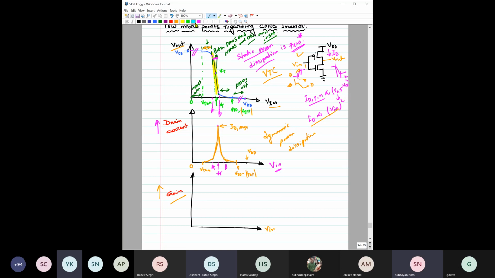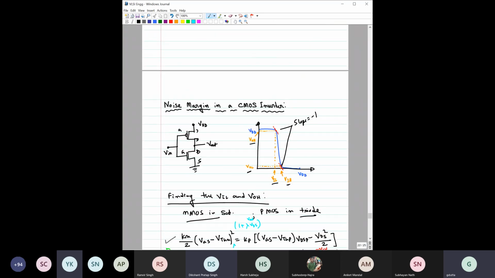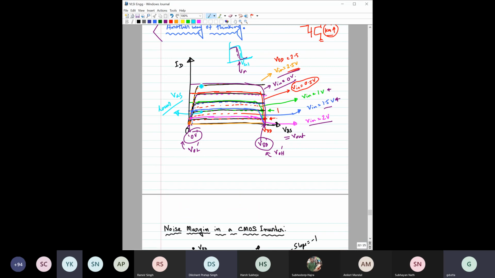Sir, I have a question. Does point A and point B coincide? If we neglect lambda, then they should coincide with the ideal equation. Exactly. If we neglect lambda, then as per this theoretical analysis, the crossover from here to here would be on the same line.